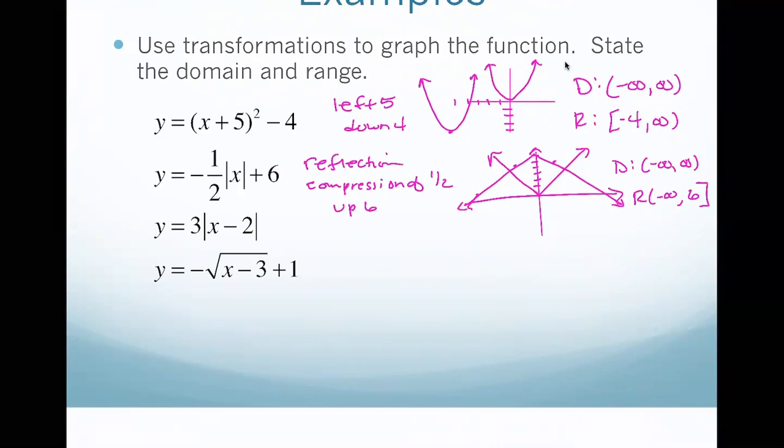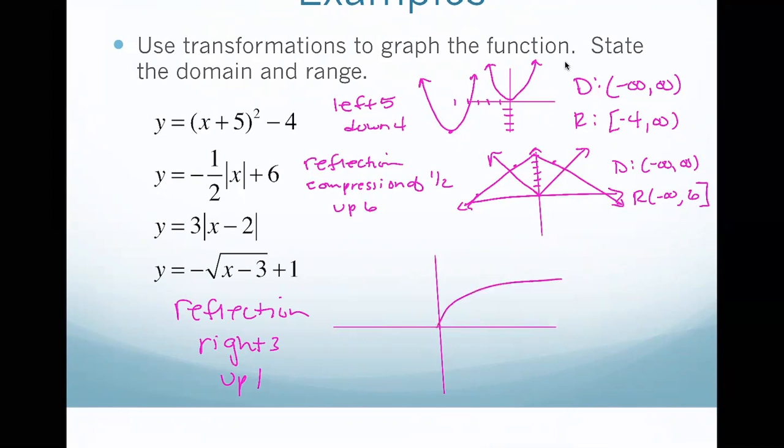We're going to look at our square root function down here at the bottom. This one is a reflection as well. It is going to shift right 3 and up 1. Our parent function for a square root function looks like this. It would start at 0, 0.